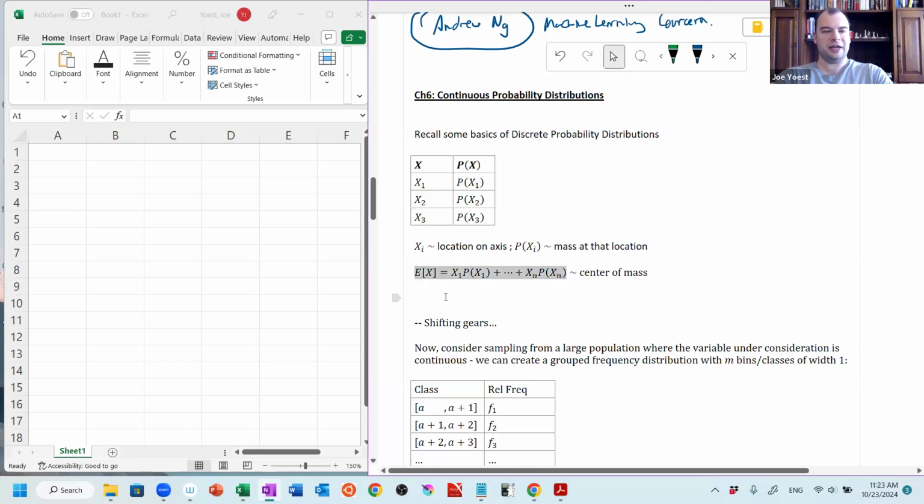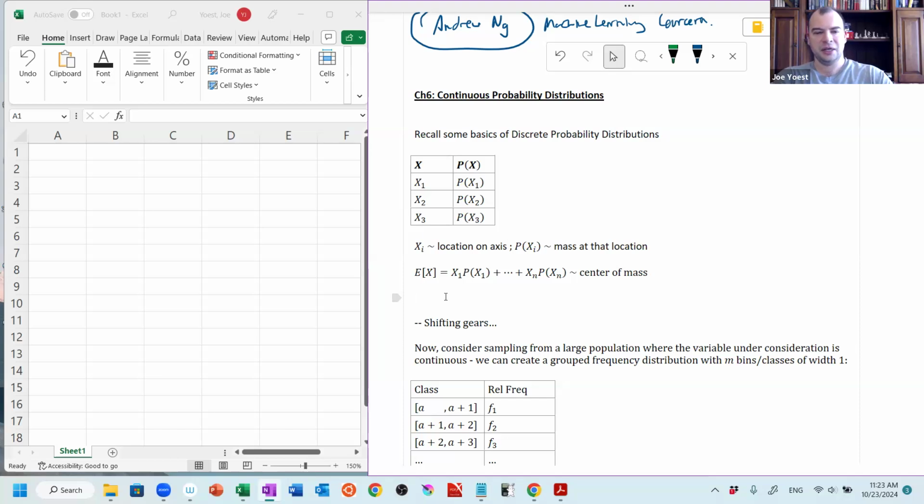We computed the expected value this way. We take the products of the outcomes with their associated probabilities, and then we add that together. And we said we can model this as a mass balance system.